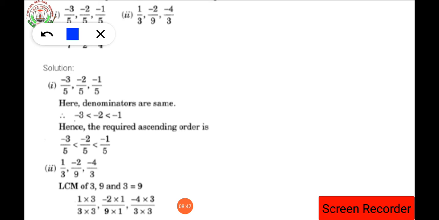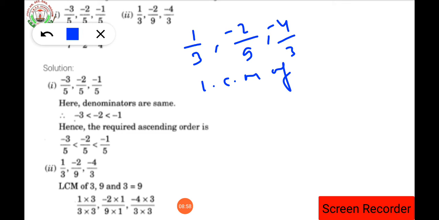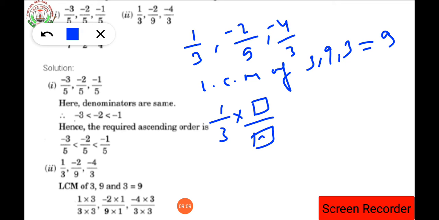If the numbers are unlike terms, suppose this 1 by 3 comma minus 2 by 9 comma minus 4 by 3, here it is an unlike term. So we are going to take the LCM of 3, 9, 3. Okay, when we take the LCM, 9 will come. Then we have to convert it into like terms. So we see by which number the denominator will be multiplied so that LCM 9 will come.